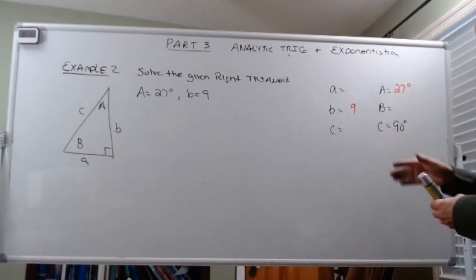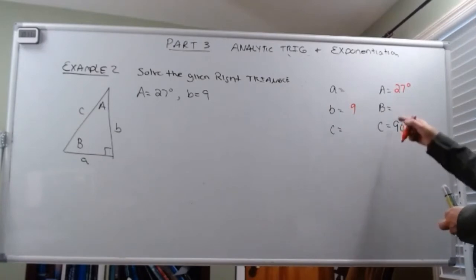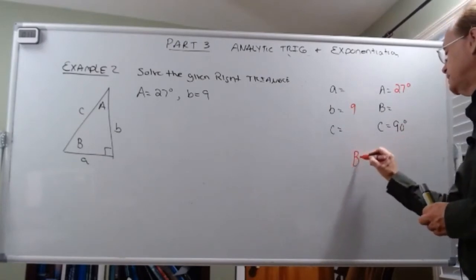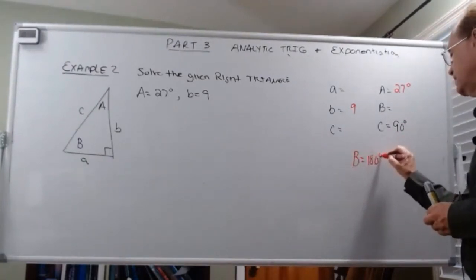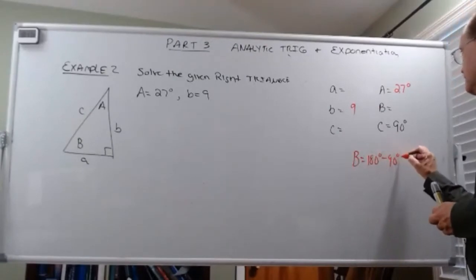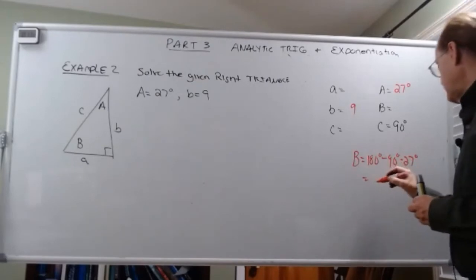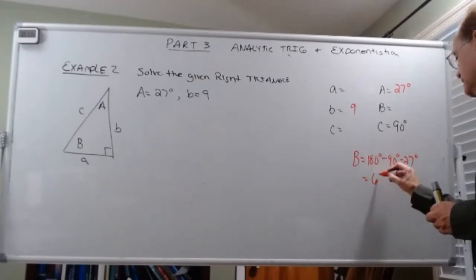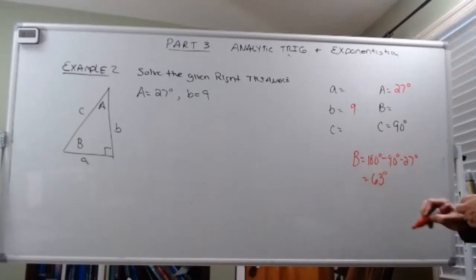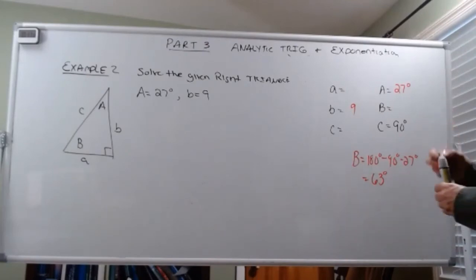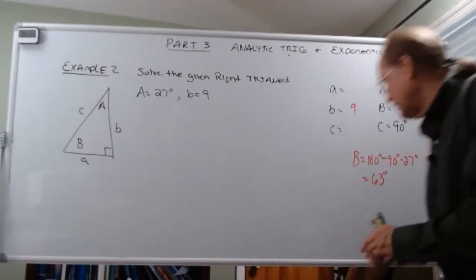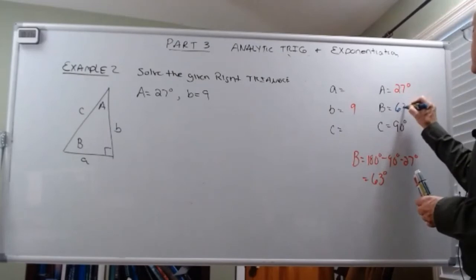Again, the sum of the interior angles of all triangles has to add up to 180. So B is equal to 180 degrees minus 90 degrees minus 27 degrees, and I get B is equal to 63 degrees. Okay, so I found my measure of angle B, 63 degrees.